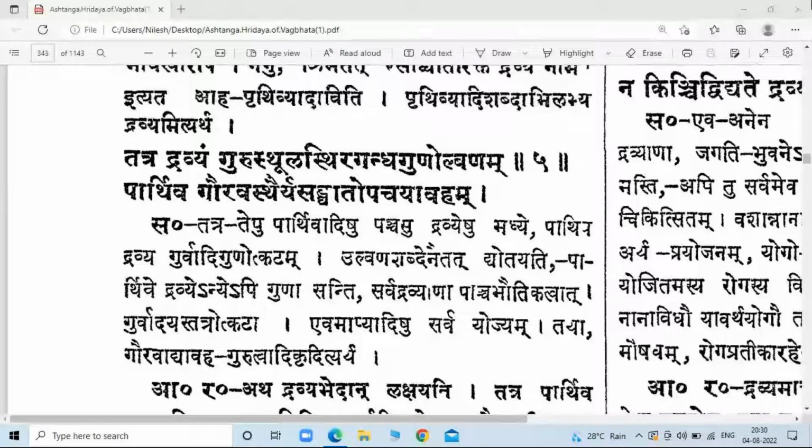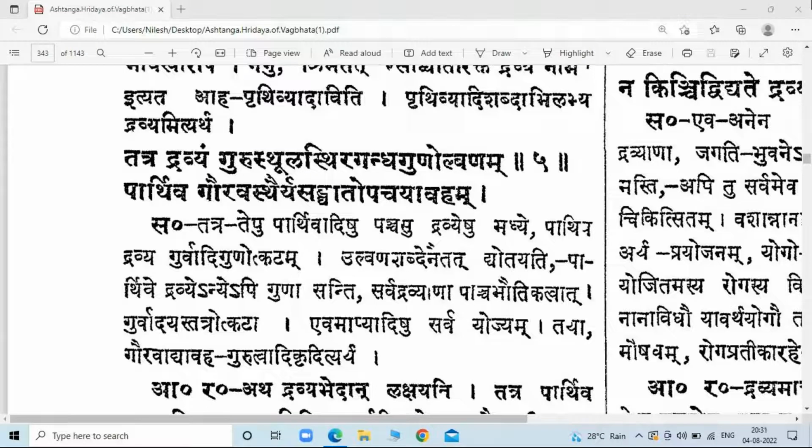Of these types or classification of gunas, generally there will be references to Guruvadi gunas in our text. That is what we use extensively when we discuss Dravyas, when we discuss Nidana, many things.